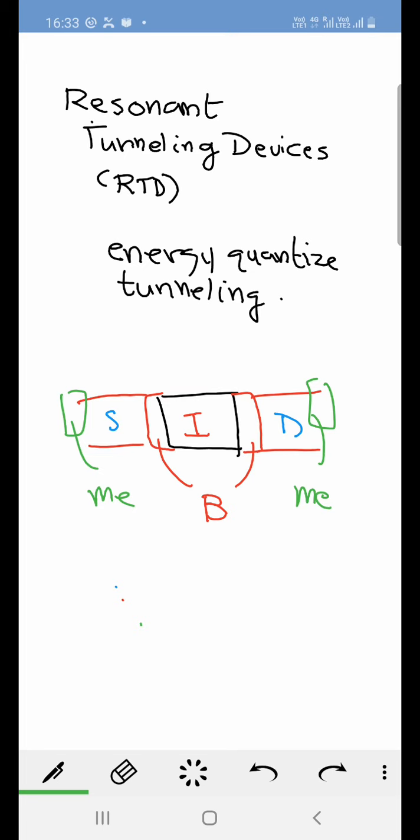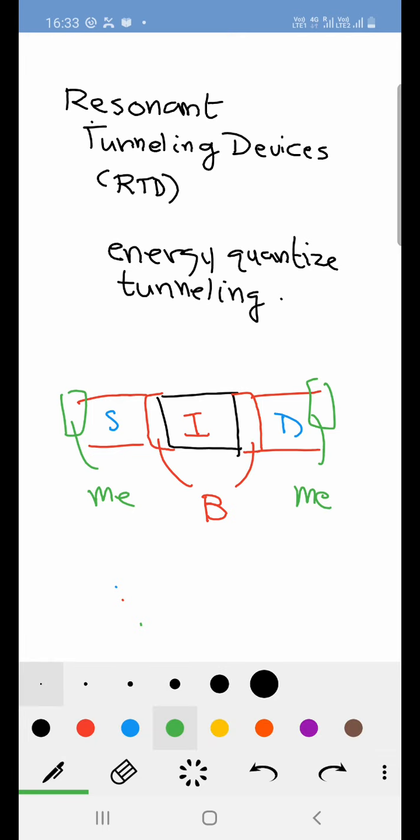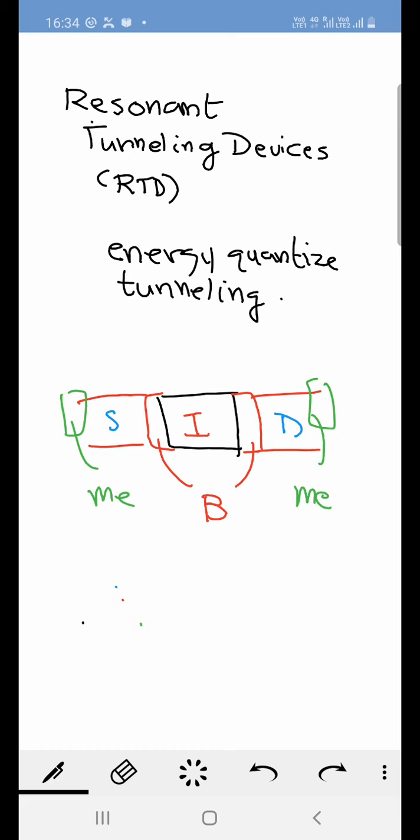Now the barriers create a potential well around the island. So this is the potential well created by the barriers. And they usually prevent charge from flowing through the device.